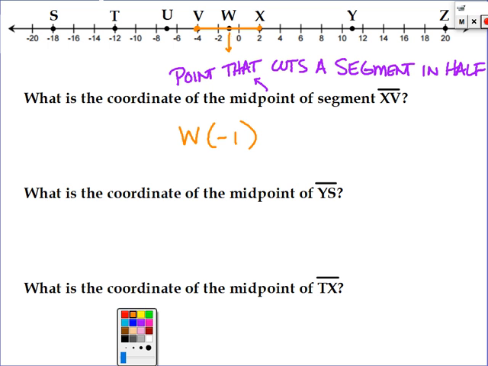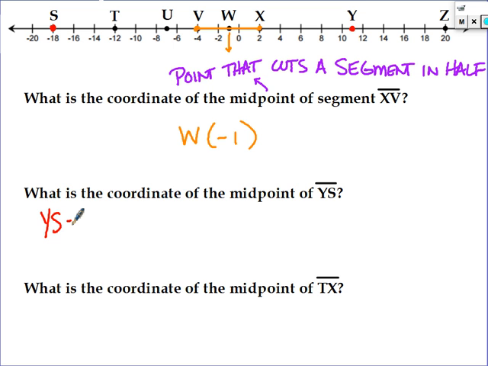So what's the coordinate of the midpoint of YS? So Y is here and S is here. So again, I want to find the middle. So I could either count in until I meet, or let's look at the whole distance. So 2, 4, 6, 8, 10, 12, 14, 16, 18, 20, 22, 24, 26, 28, 29 is my total distance. So YS is 29.